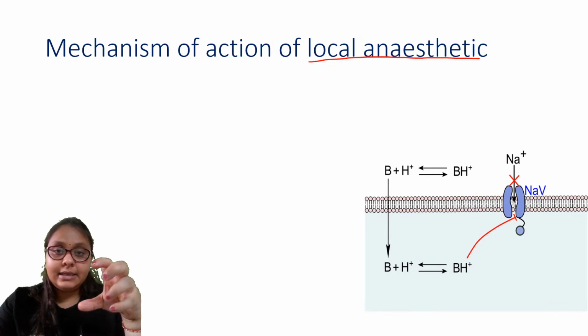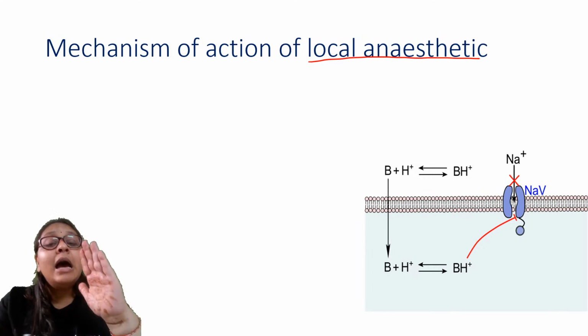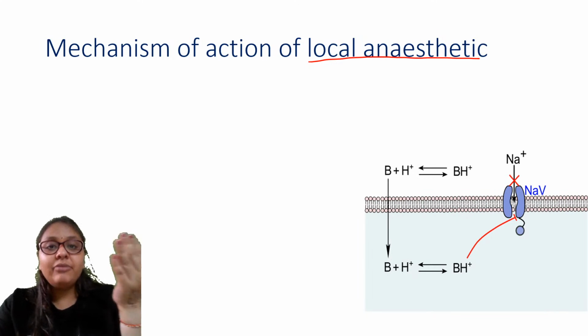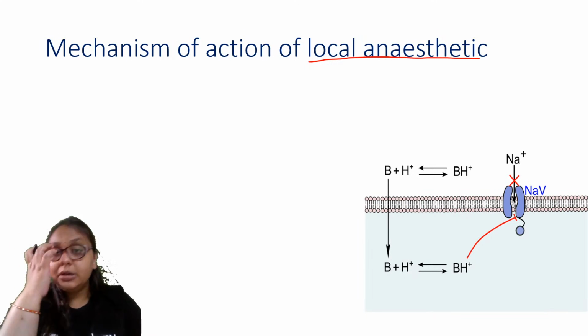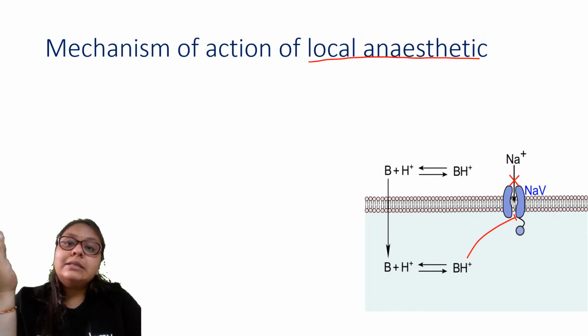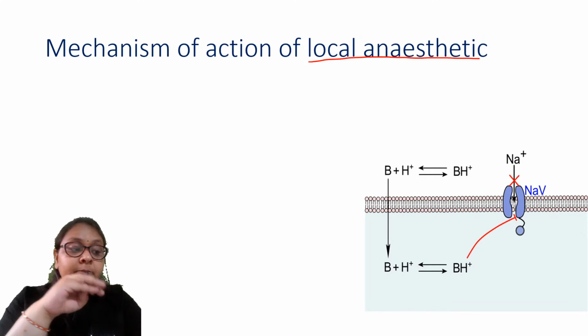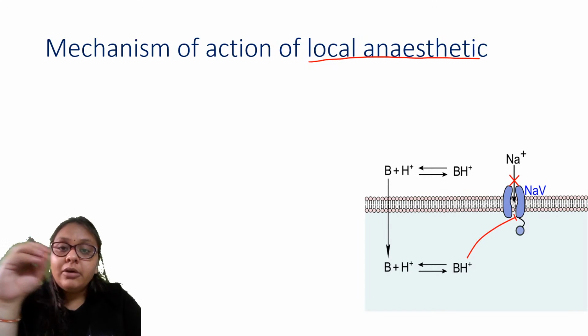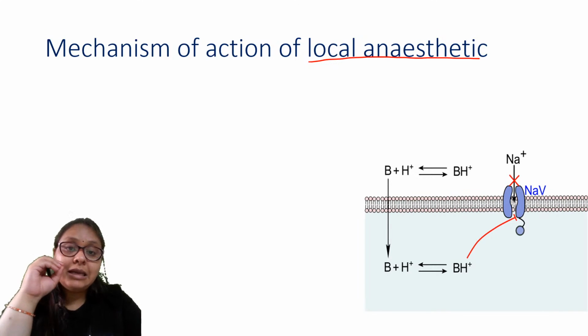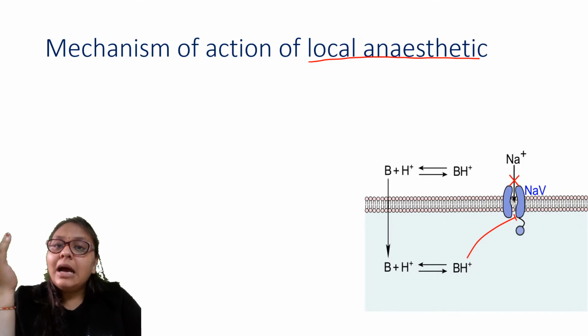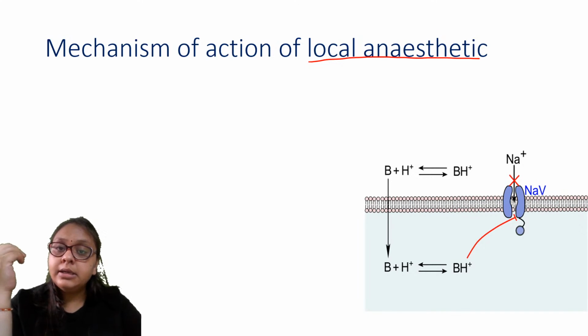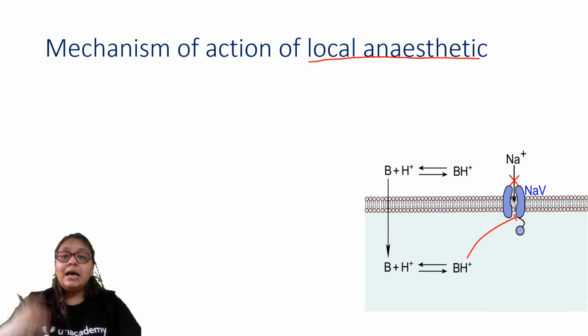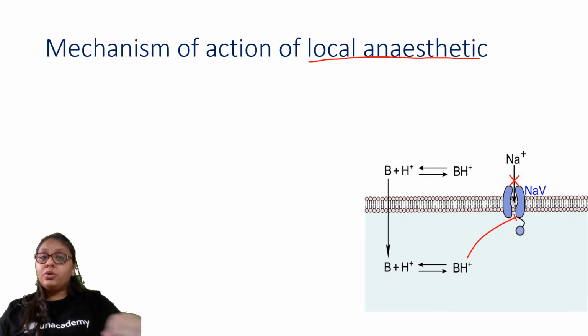It causes reversible, very important, reversible loss of motor, sensory or autonomic functions from the nerve around which it is infiltrated. So that is what a local anesthetic is. Examples, like lignocaine, you must have seen lignocaine, bupivacaine. These are examples of commonly used local anesthetics.